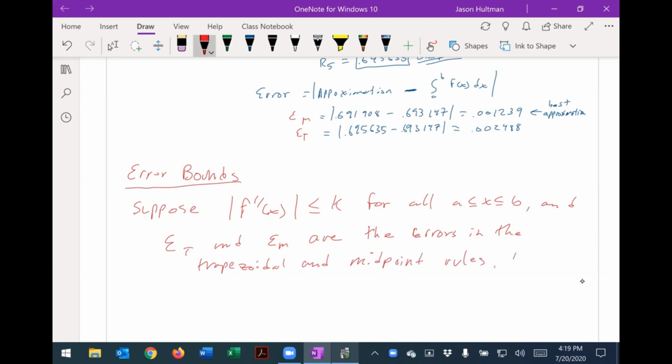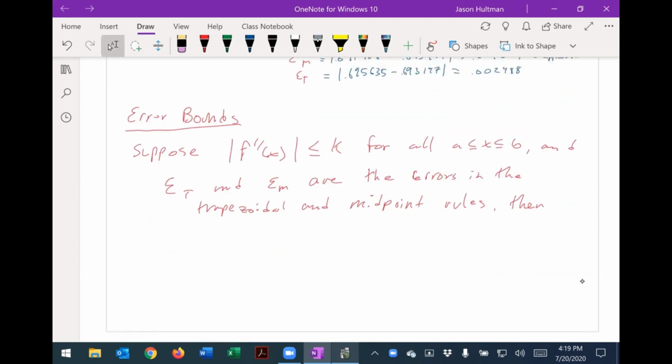Then we can approximate the error without actually having to calculate it fully. We want a bound on the error. What's an upper bound for the error?